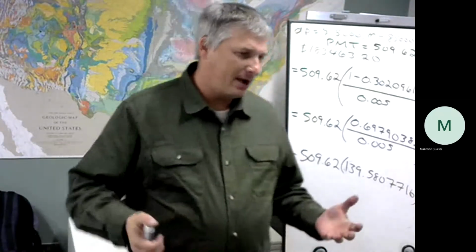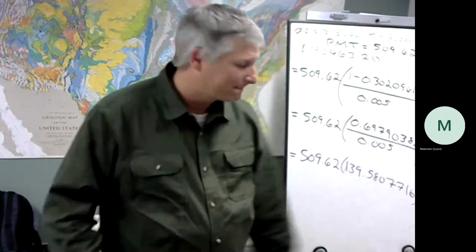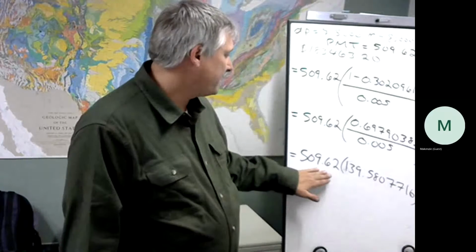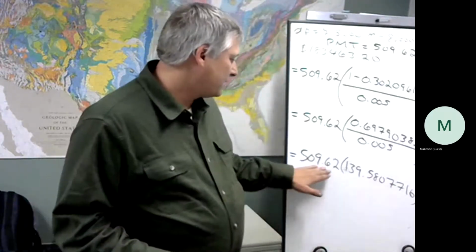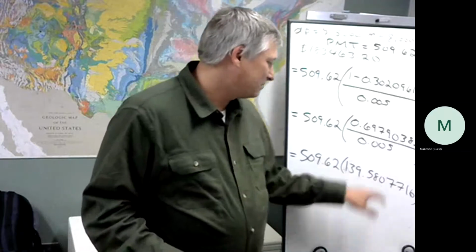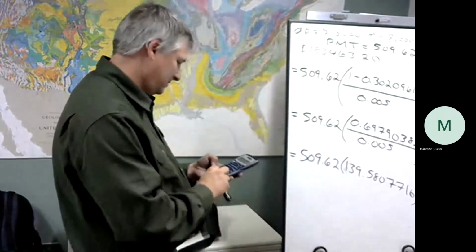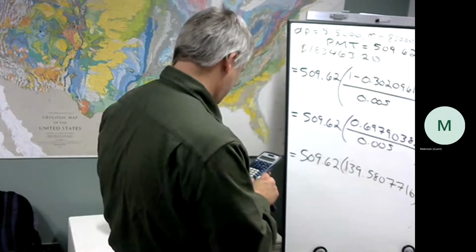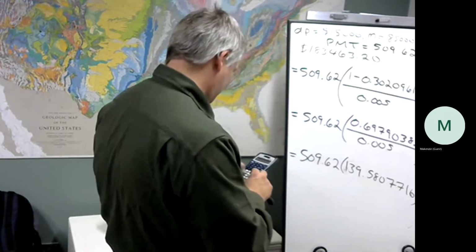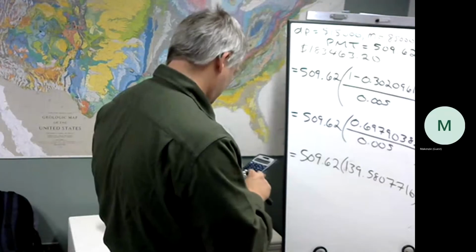So to find out how much money that is, we end up paying over that remaining 20 years, you take the monthly payment times the 240 payments. But now we've got a monthly payment times 139.58. That's going to be a lot less. So let's see what this turns out to be.